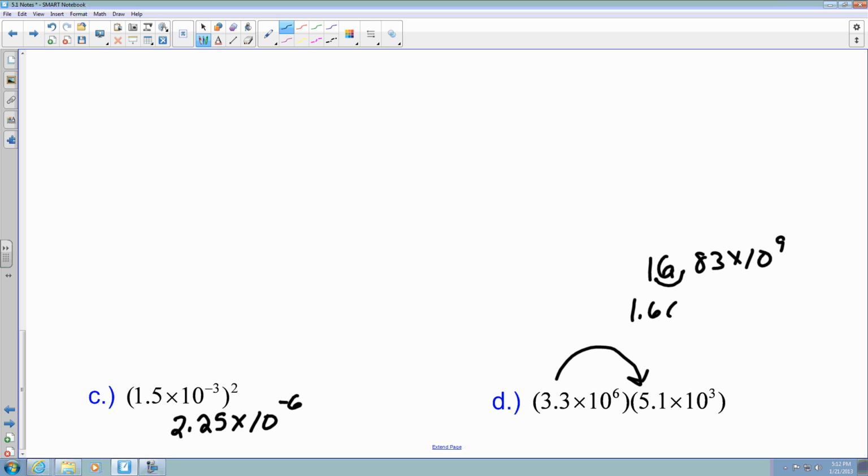So I have 1.683 times 10, and since I moved the decimal place 1 over, I'm going to add 1 to the exponent of my power of 10. If you didn't see that right away, you can rewrite it in standard form if you wish, and then make sure that the decimal point is in between the 1 and the 6.